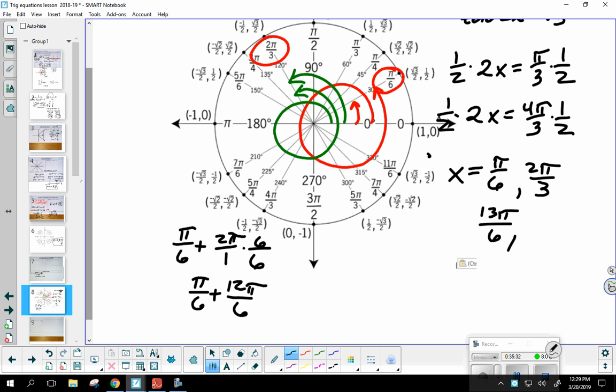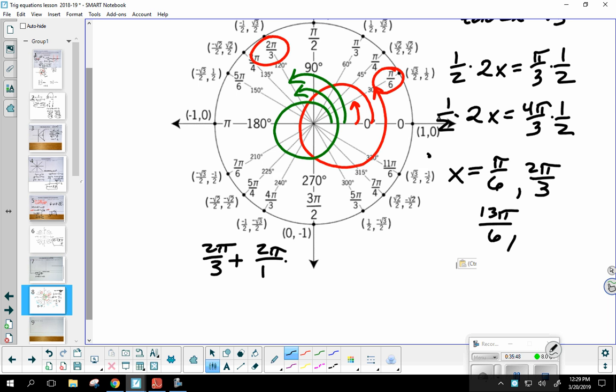What's 2 pi over 3 plus 2 pi? Maybe if we write it out, that would be a little easier. So here's 2 pi over 3 plus 2 pi. Common denominator would be 3. So 2 pi over 3 plus 6 pi over 3. So that would be 8 pi over 3.